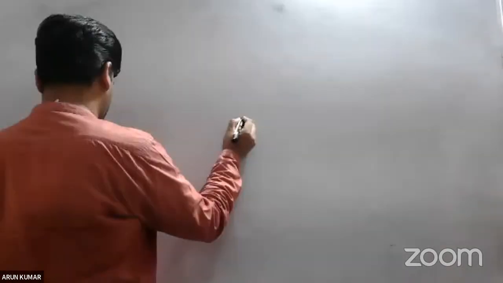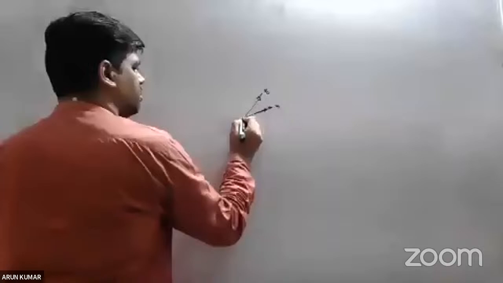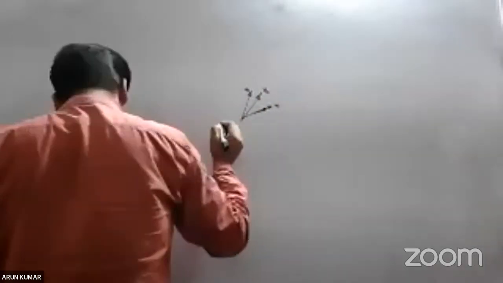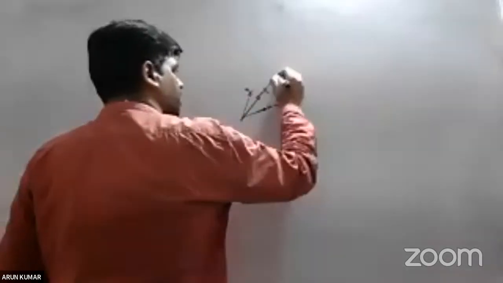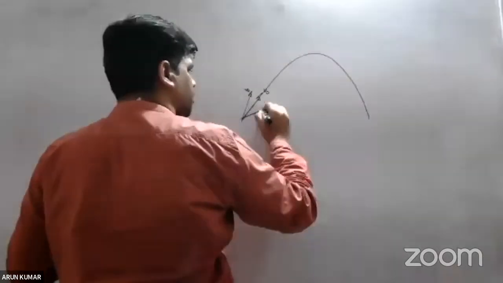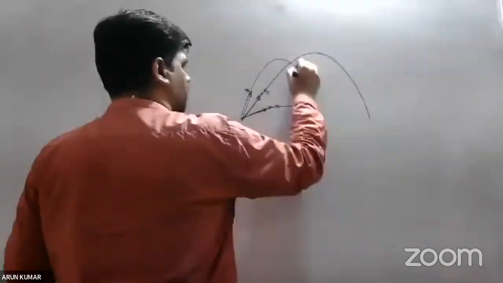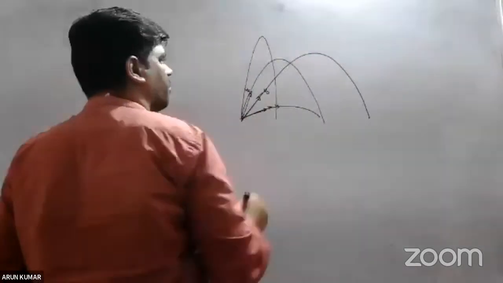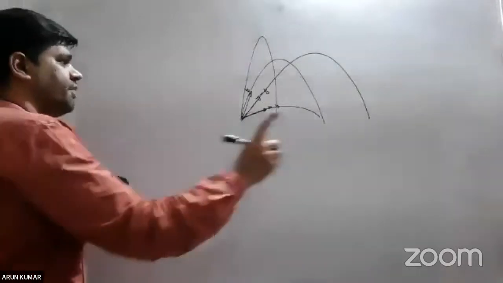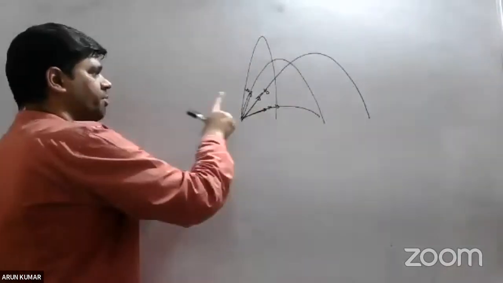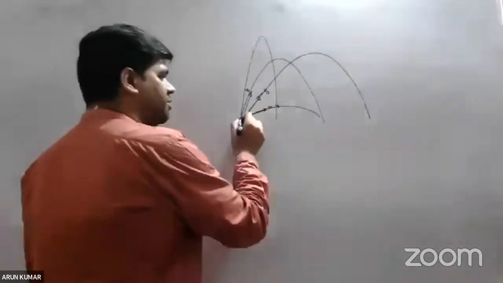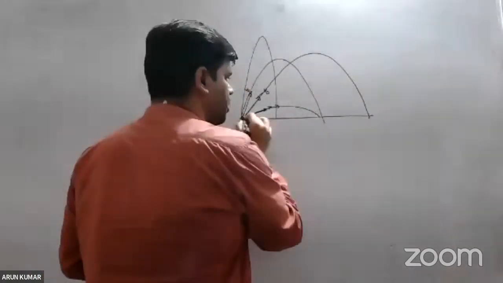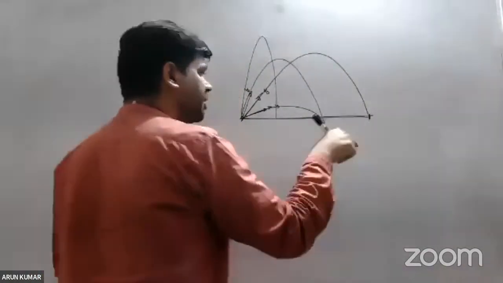So in all directions this is fired. If this is fired in 3 dimensions, it will form a circle of some maximum radius, for which the range is maximum.